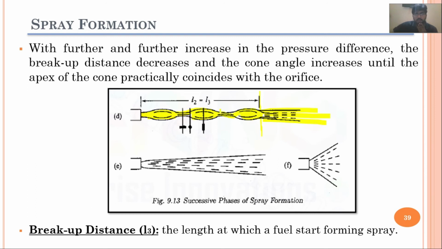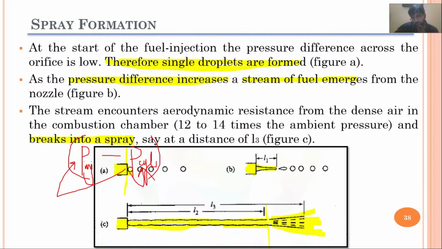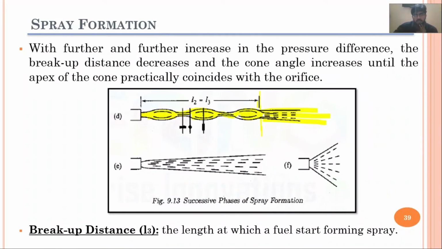And here you can see that the length of that point at which the stream has been broken into the spray has started decreasing, as you can see in figure D. Now further increasing the pressure, this length will keep decreasing, and you can see that at this point the spray has started forming.